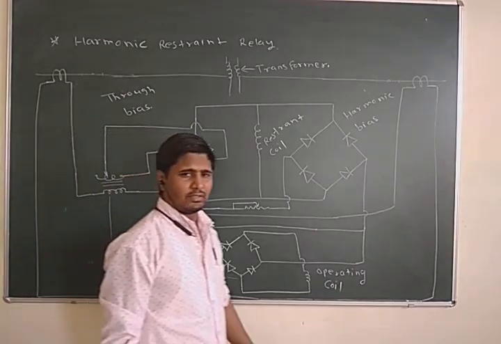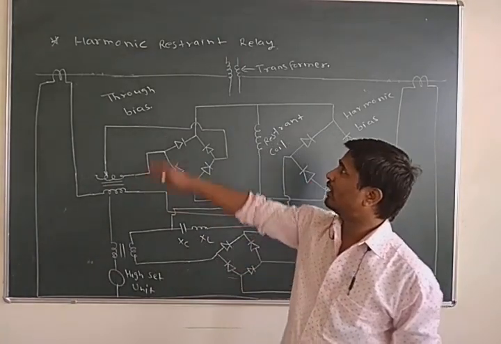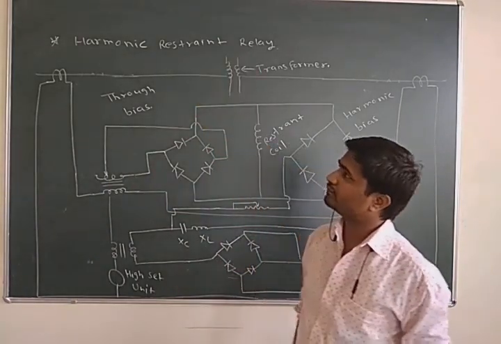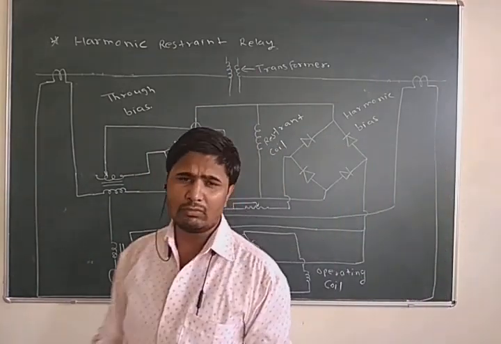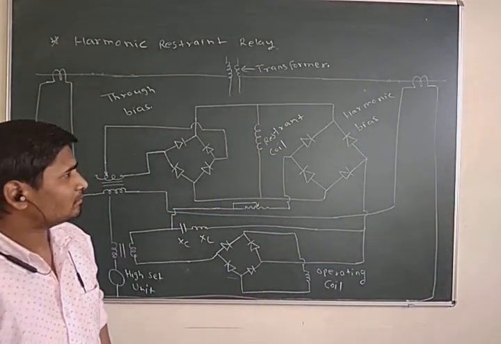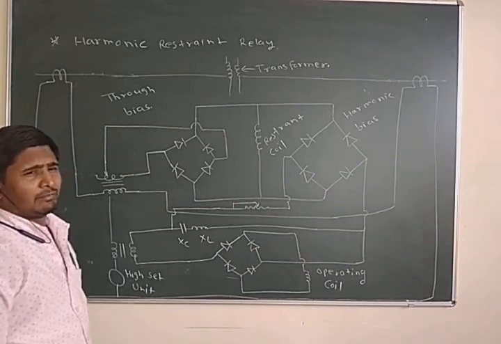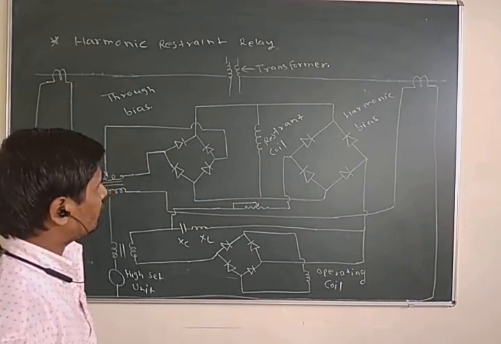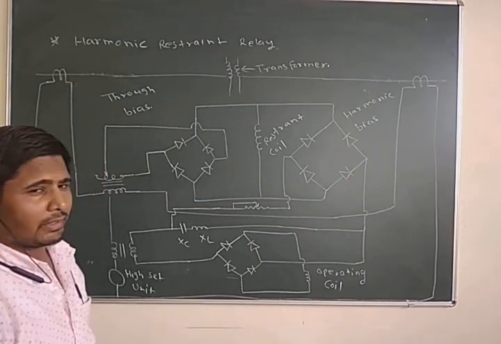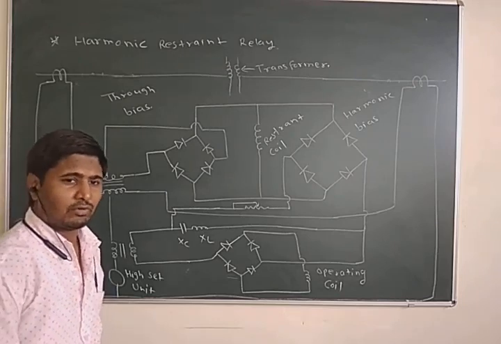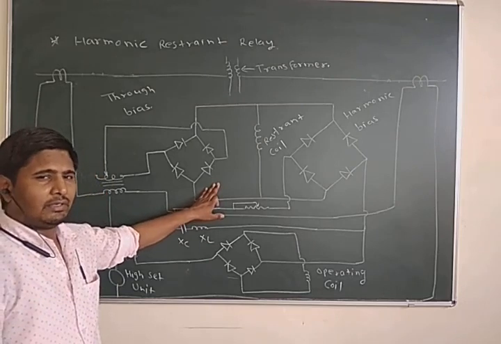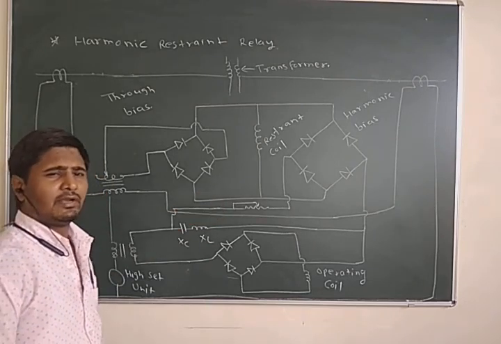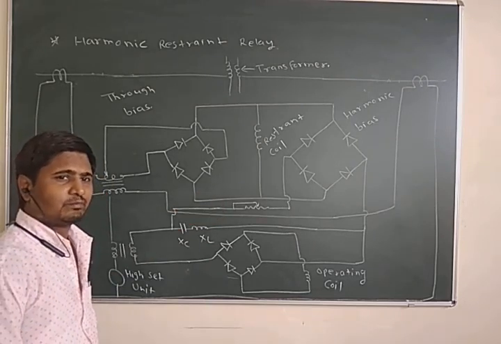So in this class we will discuss about the harmonic restraint relay. In the previous class we discussed about differential protection. In a differential protection relay there was a problem of inrush current, because due to inrush current in the transformer, the differential relay provides false operation.